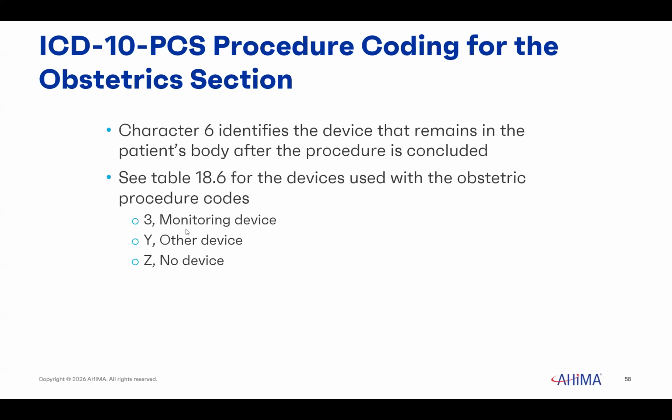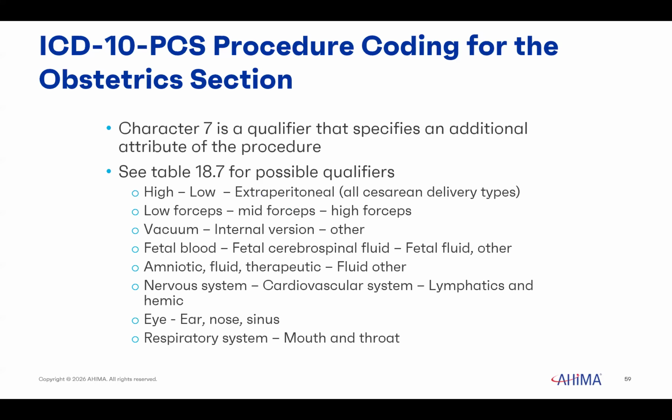Now we're almost done. We're going to move to the 7th character. And this gets a little bit confusing for some people. The 7th character, just as we've seen in other PCS codes, is additional attributes. It could be high, low forceps, mid forceps, all the things that you see summarized in 18.7.